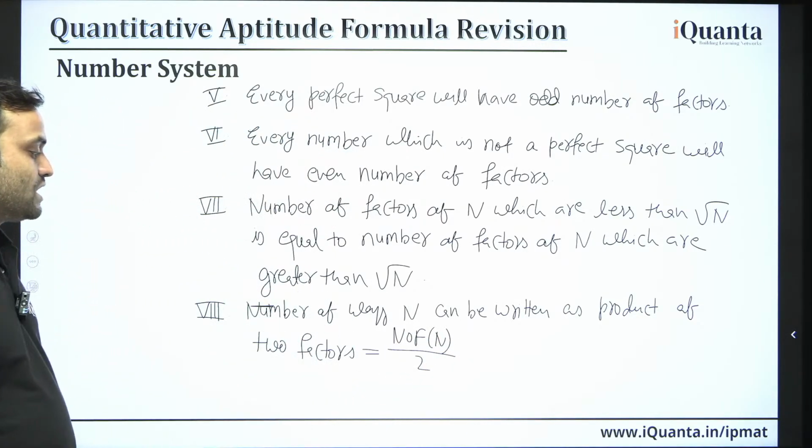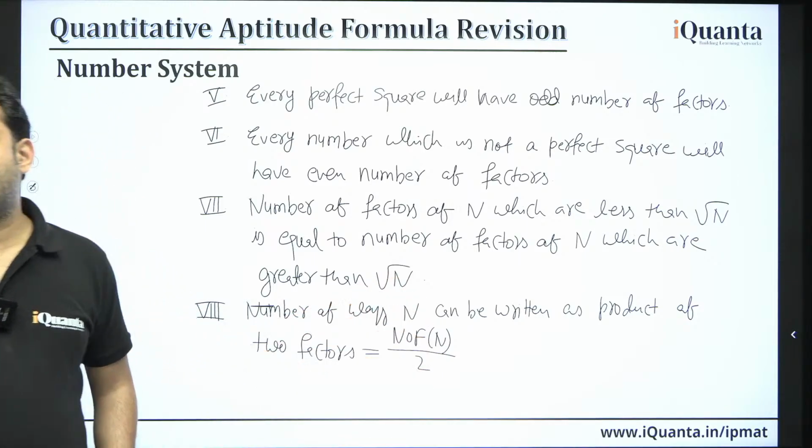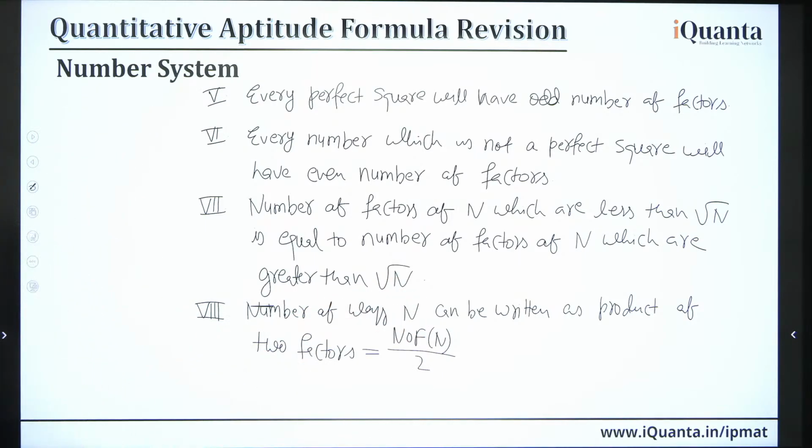Okay. The number of ways n can be written as a product of two factors is the number of factors of n by 2.